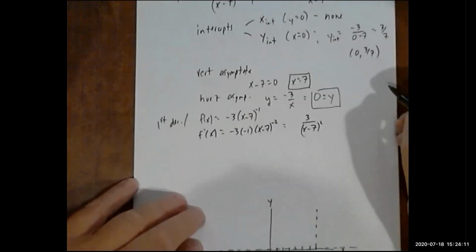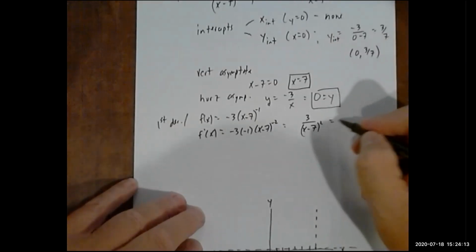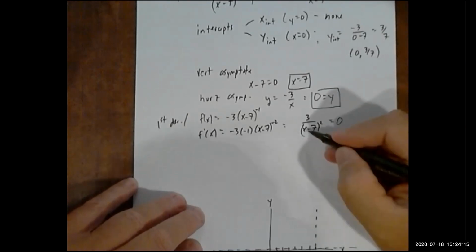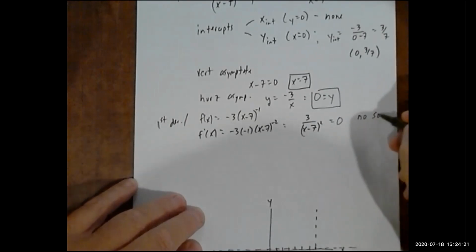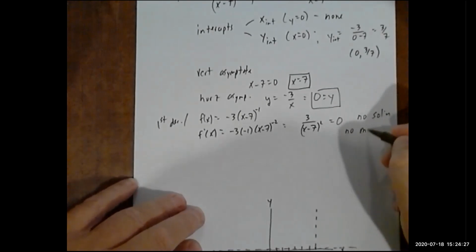Now to find the critical points, you set that equal to 0 and solve. There's actually no solution. So there's actually no critical points, no maxes or mins. All right, that happens sometimes.